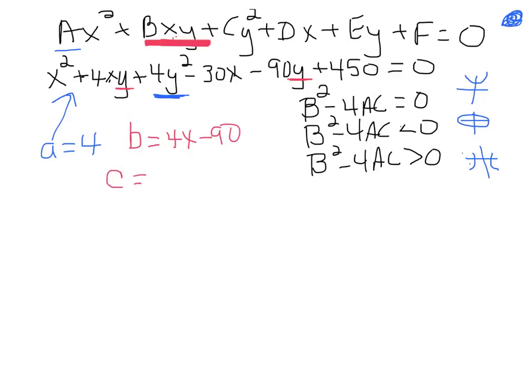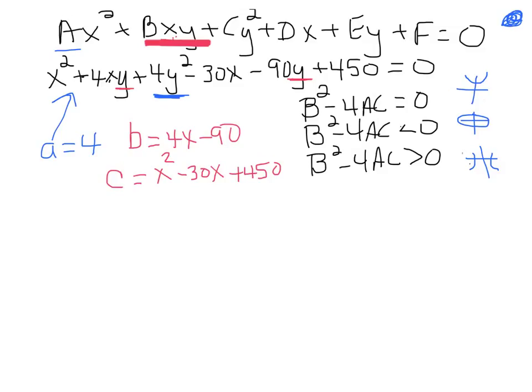What's left over is the x squared, the minus 30x, and then the plus 450. It's kind of weird, but in this quadratic equation, with y being the variable, we've got our a being 4, our b being 4x minus 90, and our c being this quadratic expression in itself. So how do we write this out?